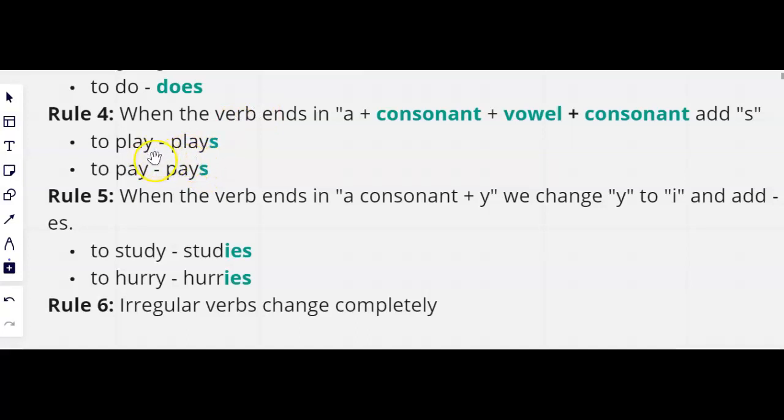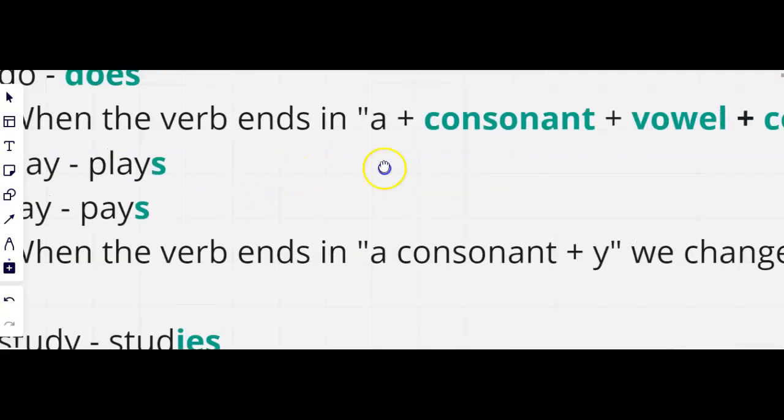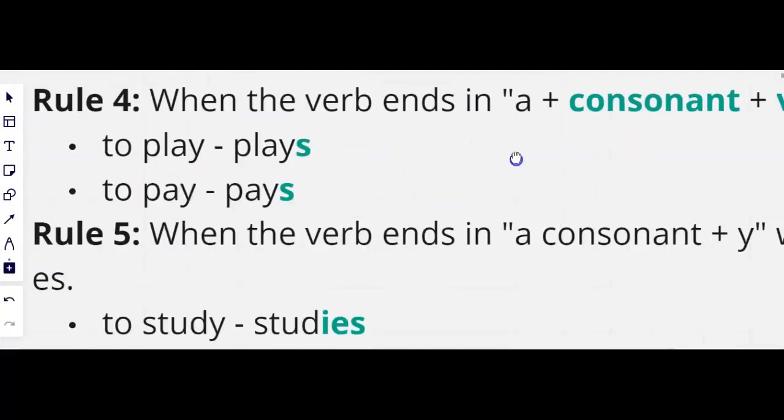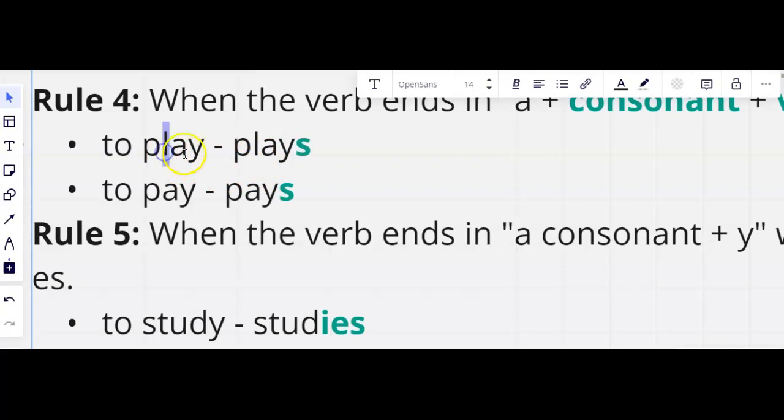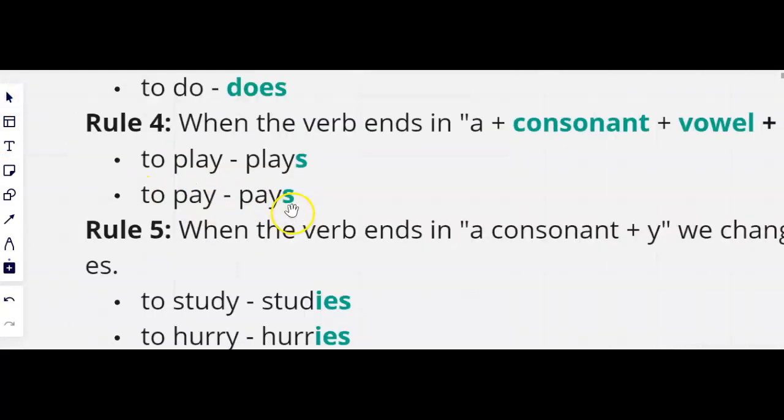In that case, you have a consonant, which is the L, a vowel, which is the letter A, and another consonant, which is Y. As it accomplishes this, you need to add the s at the end. That's pretty much it. All right, as well as pay, same thing.